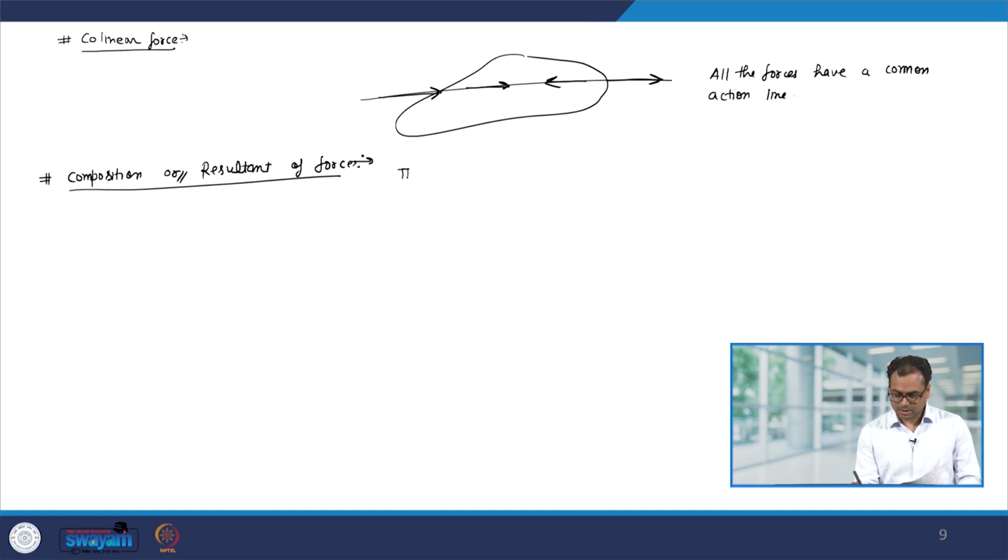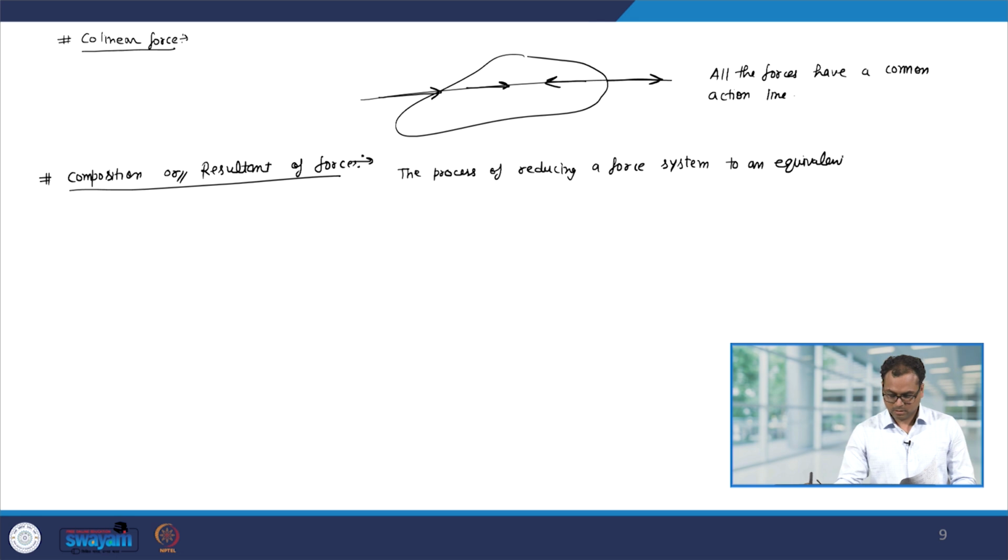So, this is a process of reducing a force system to an equivalent and simplest force system. Okay.